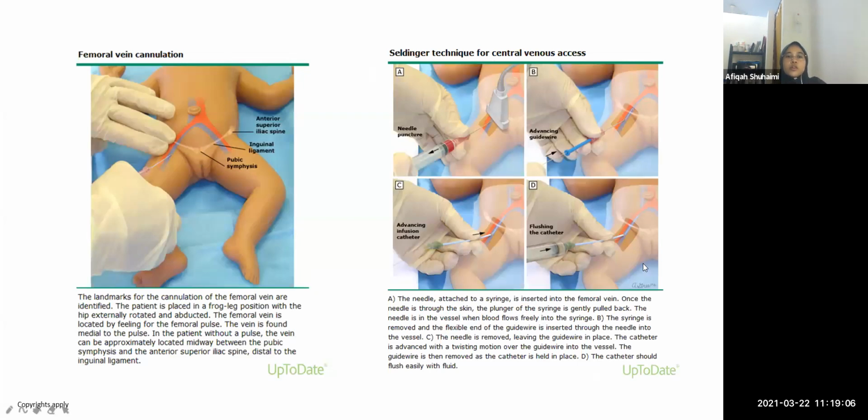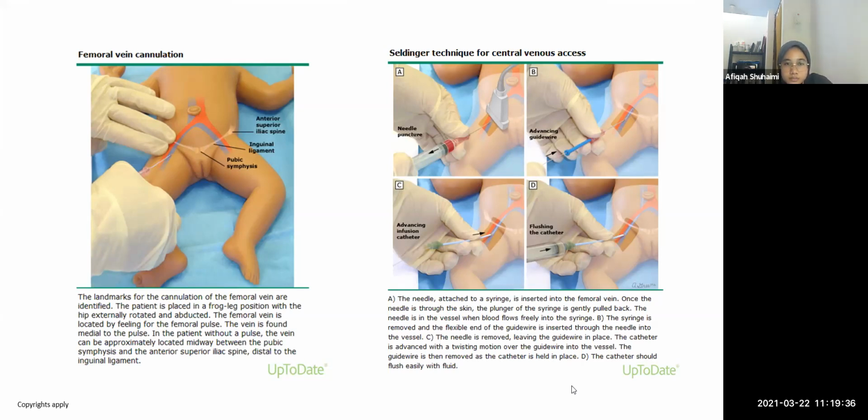So this is the femoral vein cannulation. First, in any central line, we need to identify the anatomical landmark. For the femoral vein, we first palpate the femoral pulse, and the femoral vein is located medially. Make sure the leg is in a frog leg position with the hip externally rotated and abducted.